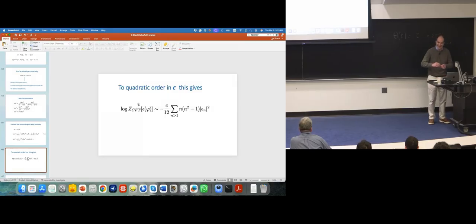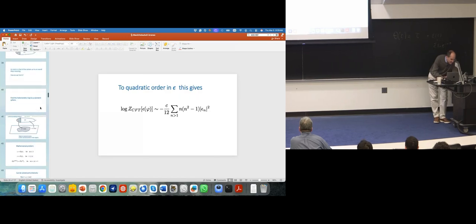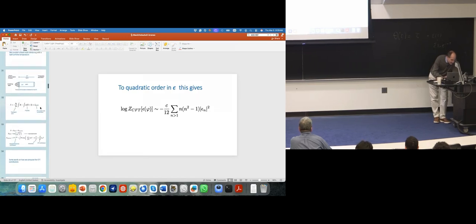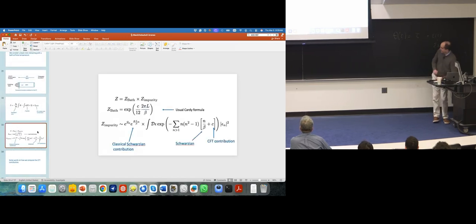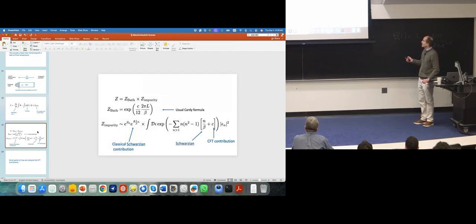So let me go back to this guy here. Okay. So I'm just going to remind everyone how the dimensions work in this action. So we should think of epsilon as having dimension -1. It's kind of like a coordinate, okay? And then these n's are all derivatives, right?